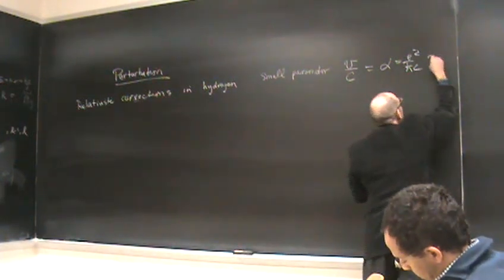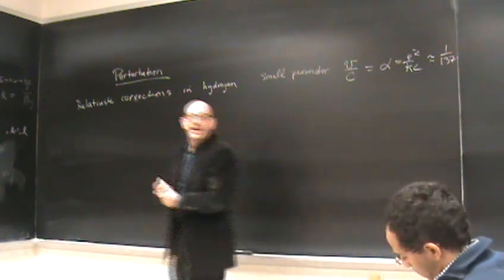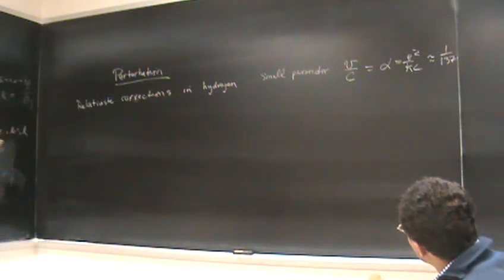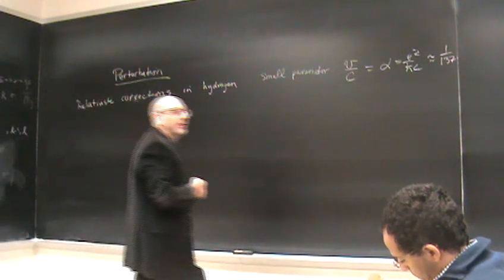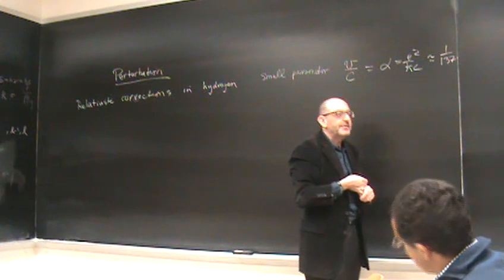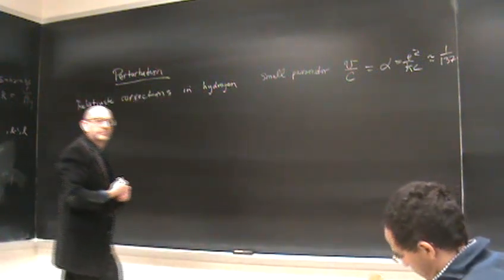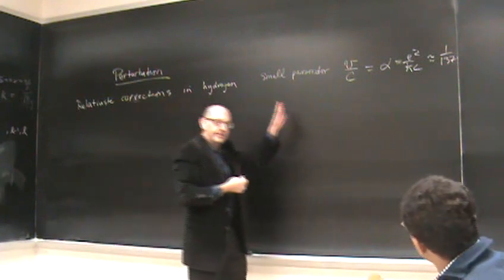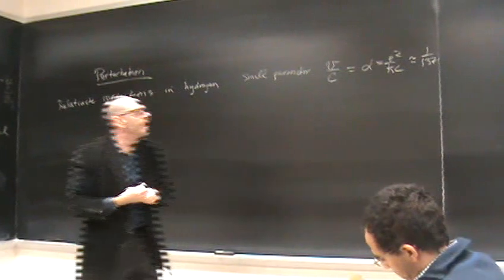Which is about, everyone knows, 1 over 137. And that's smallish, pretty small, less than 0.01. So that's a small parameter. It's not nothing. It's measurable, but it's small.